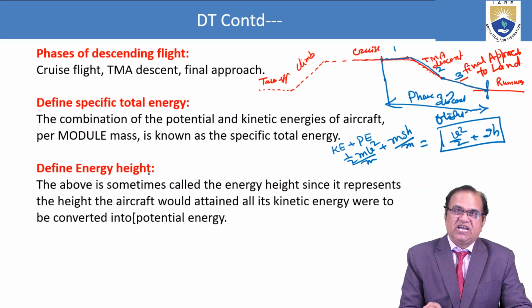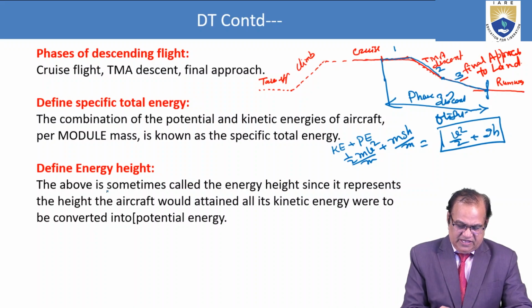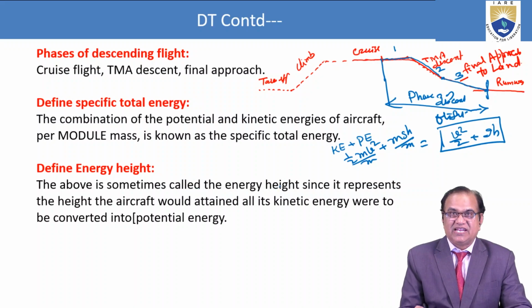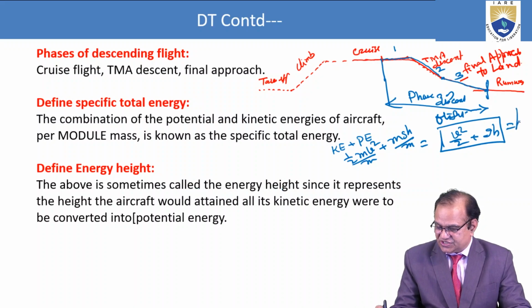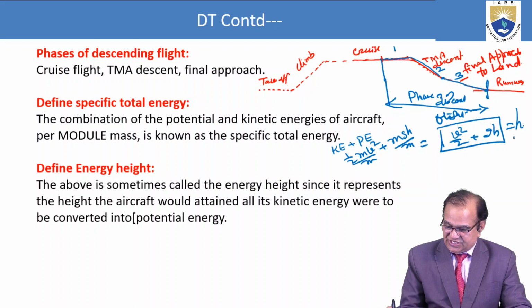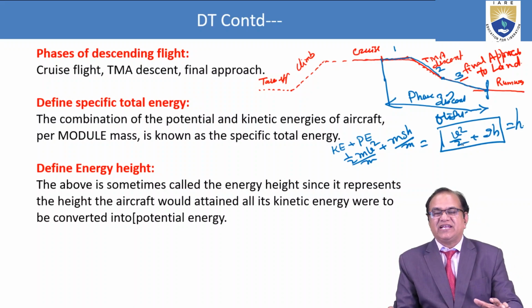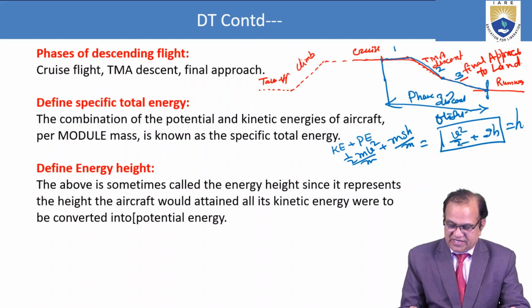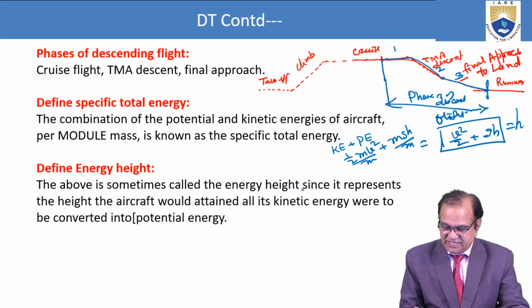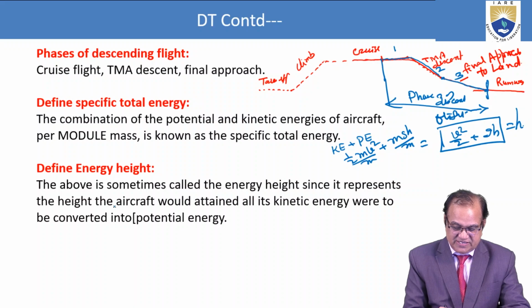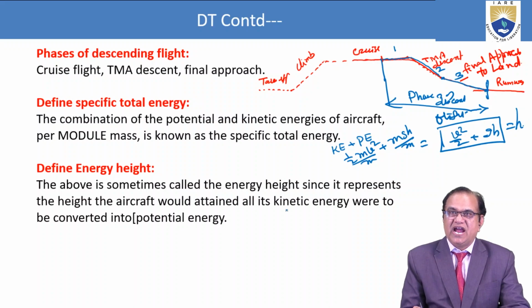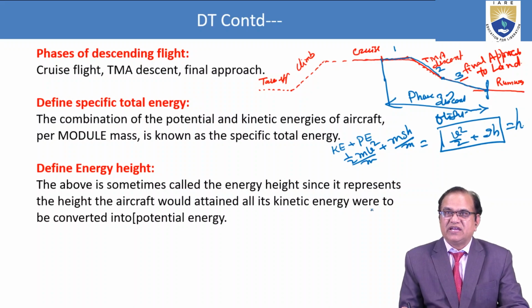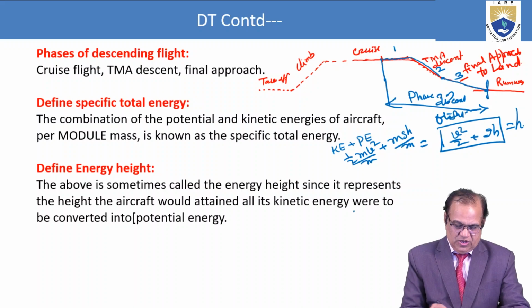Define energy height. The above is sometimes called the energy height, and this is called h. So this h, where the kinetic energy and the potential energy are per unit mass, this height is called the energy height, since it represents the height the aircraft will attain if all its kinetic energy were to be converted to potential energy.